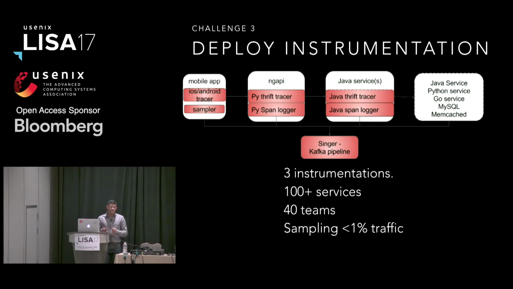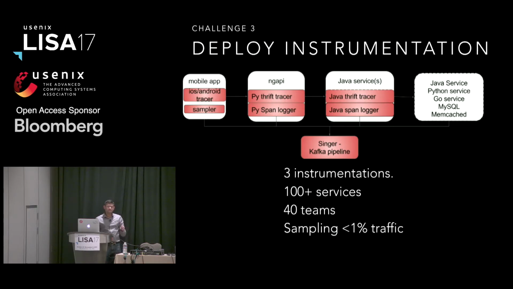And the next challenge was, remember I told you that tracing was expensive. One of the problems was when you're actually deploying this tracing across all these services, you just cannot trace all the requests. That would just bump up our infrastructure cost by 20% or so. So to mitigate that, we built this small piece called Sampler in our mobile app, which would sample the requests that we would trace.